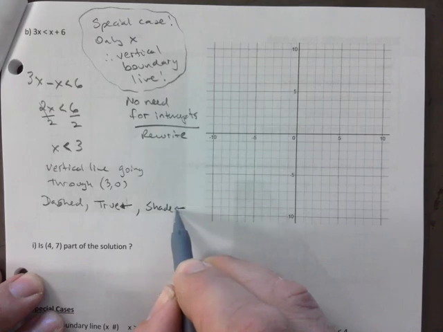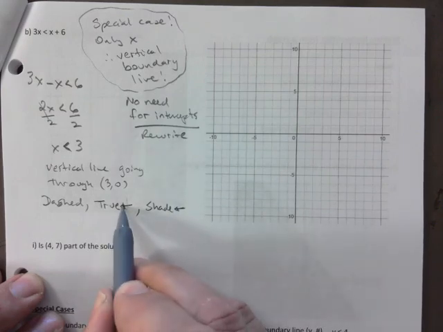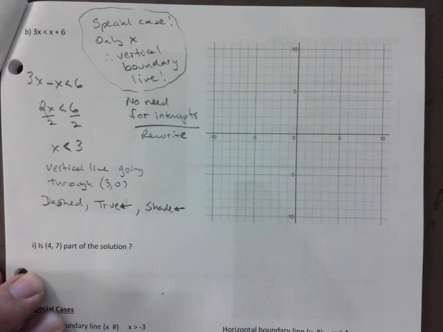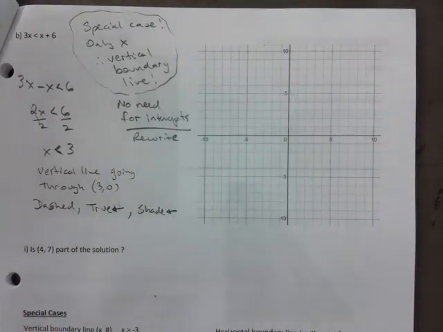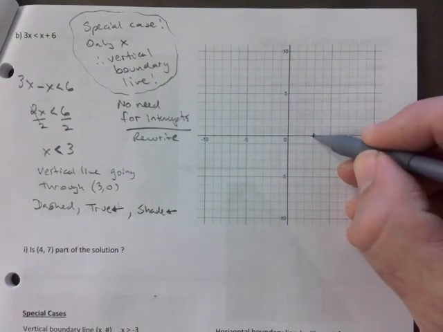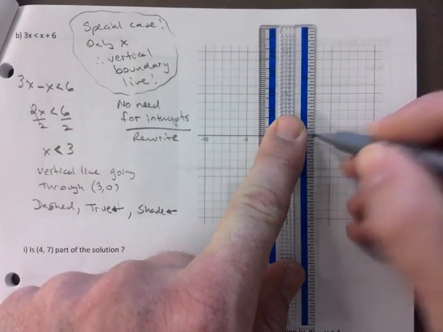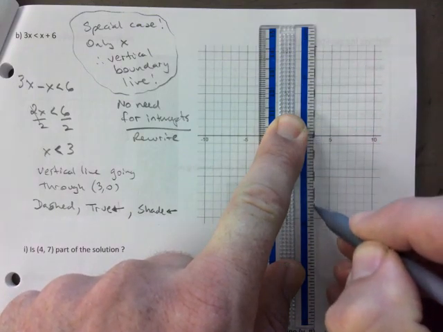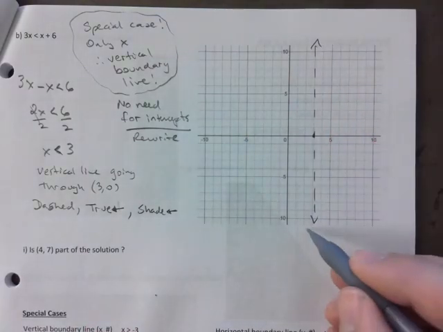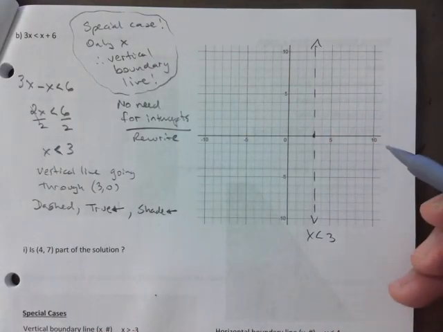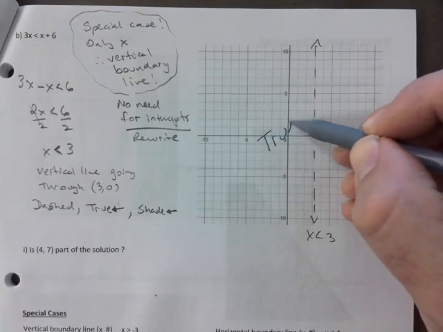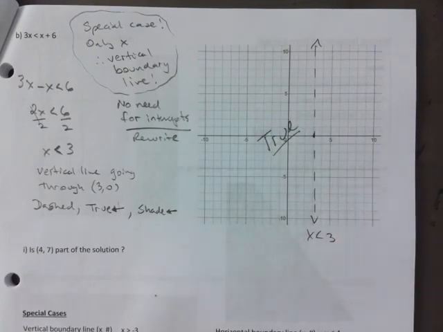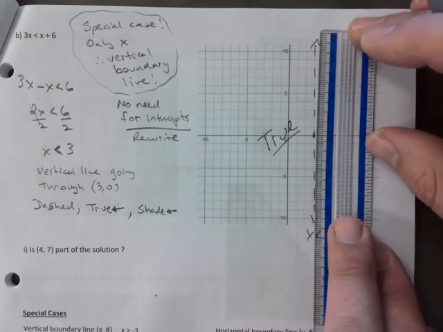We're shading the exact same region as where the true is. Okay. So this one is actually fairly straightforward. You just go to (3, 0) and make sure it's a dashed line. True region is here. And I'm going to shade that one.